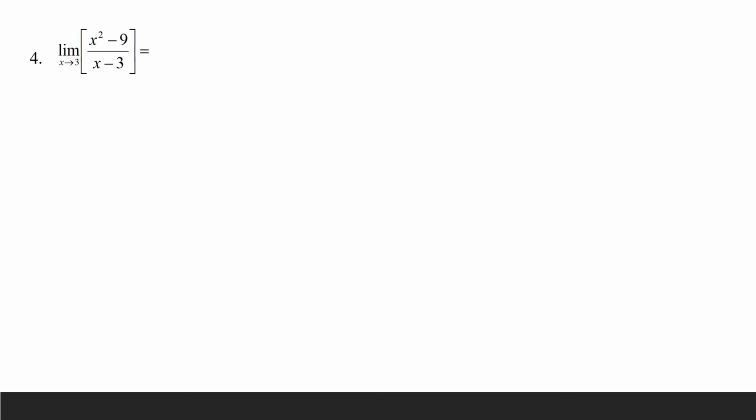We have the limit as x approaches 3 of the quantity x squared minus 9 all over the quantity x minus 3. The first thing that you always want to try is direct substitution, so we will substitute 3 into our function. So we have 3 squared minus 9 all over 3 minus 3, and that was our direct substitution.